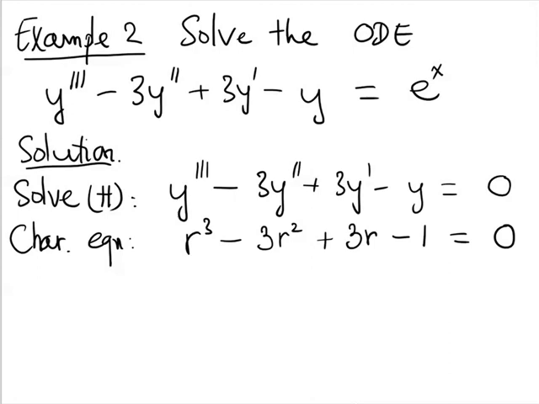As before, direct factoring will not work, and factoring by grouping does not work either, because if you group the first two and the last two, after factoring out r squared in the first group, you don't have a common factor, and it's not a quadratic-like equation either. So let's use trial and error to find a root.